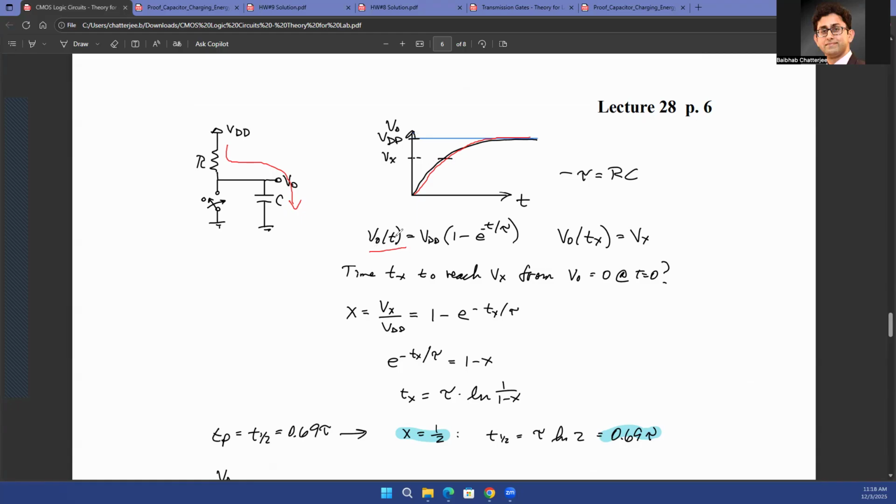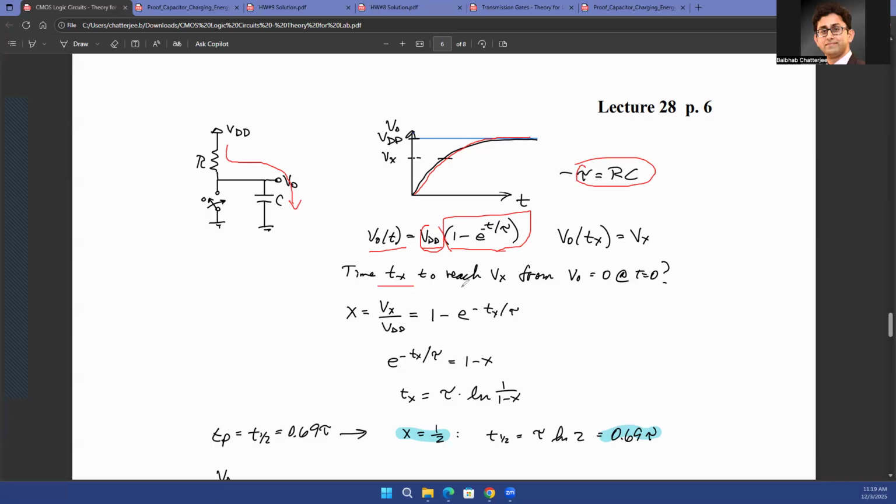The output, let's say VO as a function of time, is equal to VDD times 1 minus e to the power minus t over tau. Again, this is something I believe you have learned in 3111 or other classes, maybe even physics of EE, because there you learn about the capacitor charging and discharging equations. So this is the equation for capacitor charging: the maximum voltage times 1 minus e to the power minus t over tau, where tau is equal to R times C.